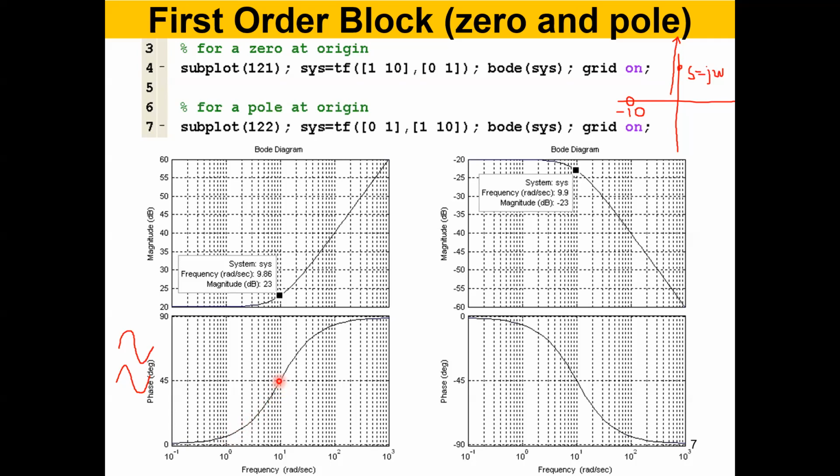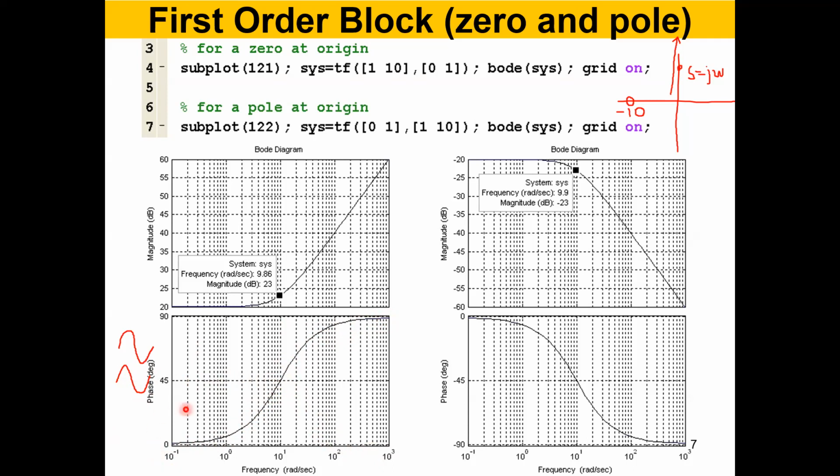And when it is over here, 45-degree phase lead. And for higher frequencies, it again levels off to 90 degrees, right? From this 0 phase difference, eventually it goes to 90 degrees phase change.